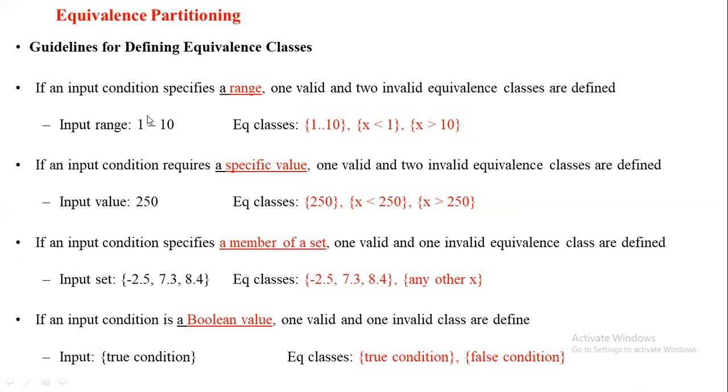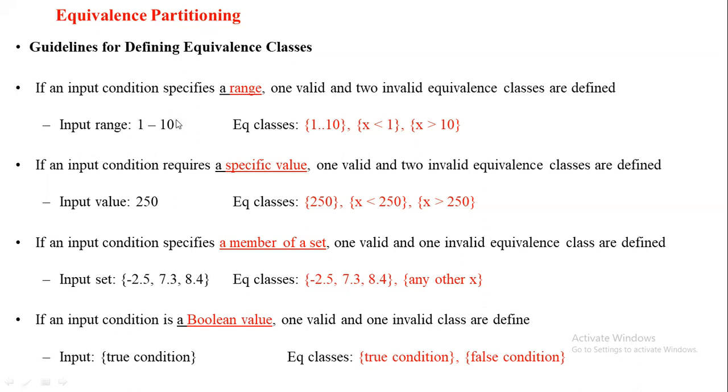So when you are taking test cases to check your program, you have to take them from a valid class and from an invalid class. That is what equivalence partitioning means.